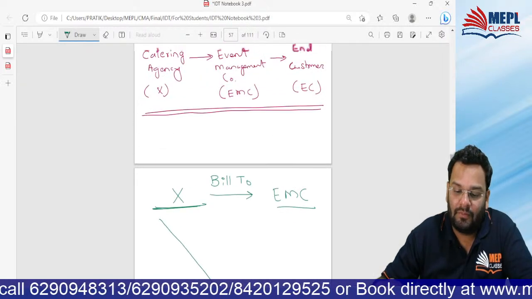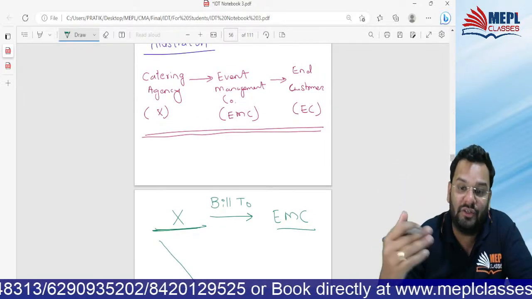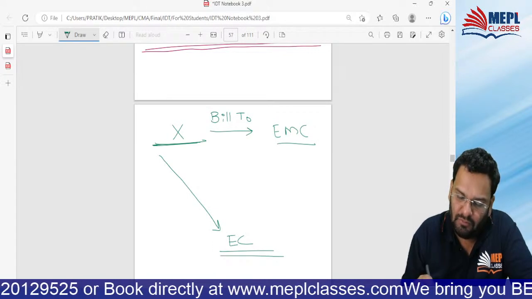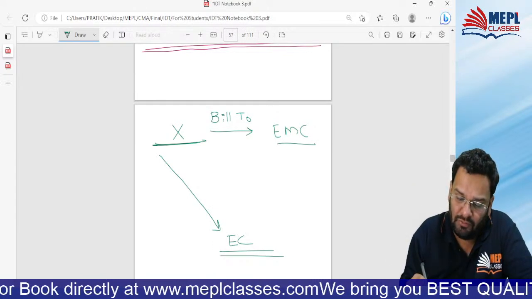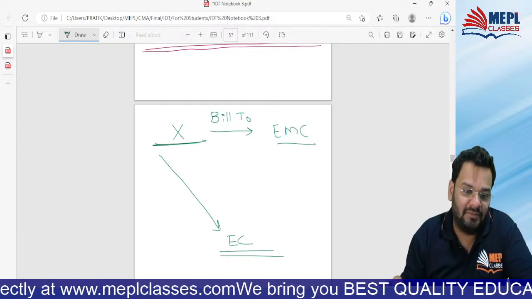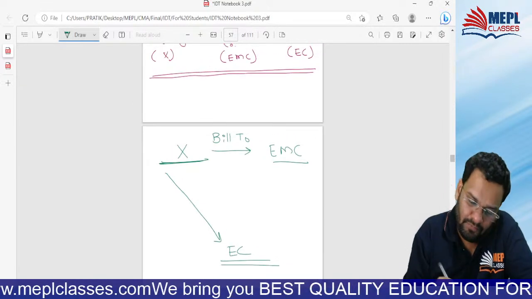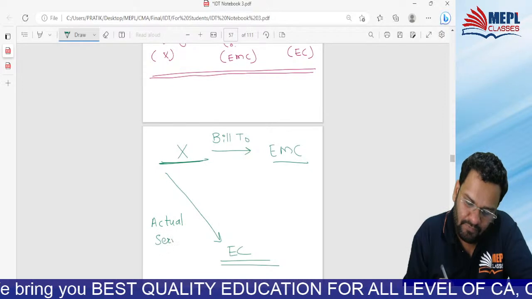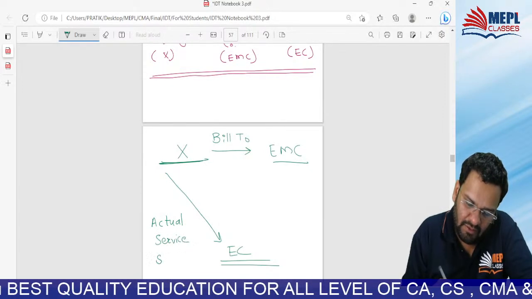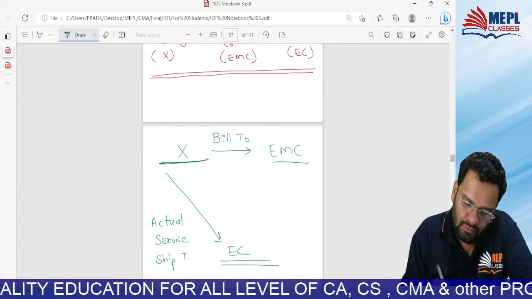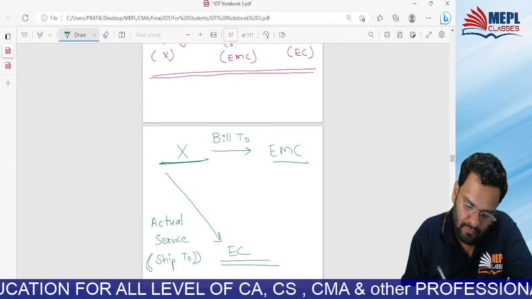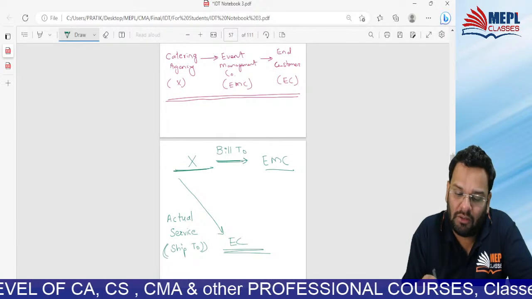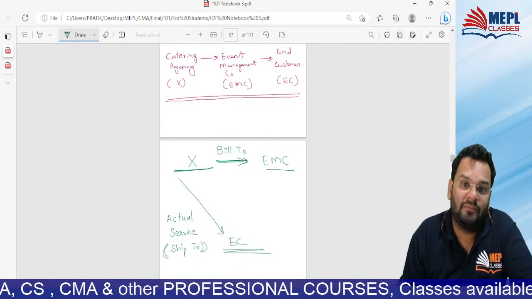They will be present in whose event? They will be present in the event of the end customer. So the actual service they will give to the end customer, but they will do the billing on the event management company.